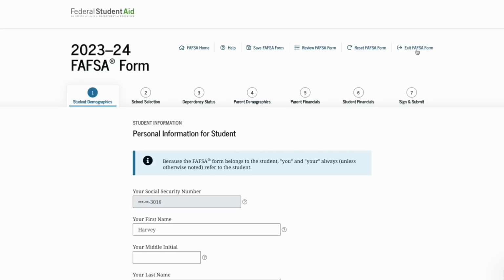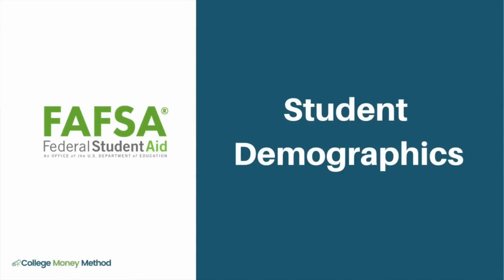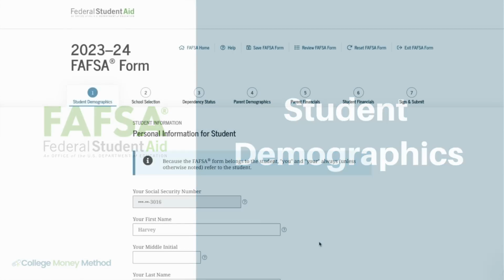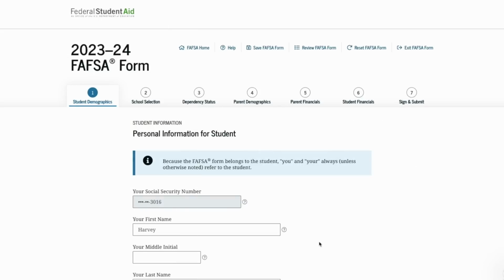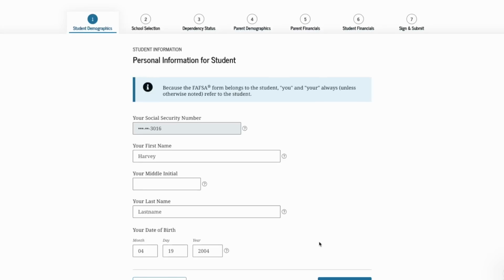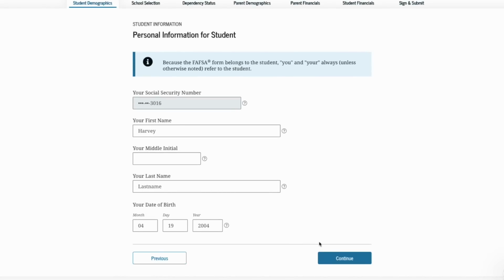to complete the FAFSA. The first screen is student information, which is personal information about the student, which was entered when the student created the FSA ID. One important thing to remember about this form is regardless if you're logged in as a parent or a student, you and yours will always refer to the student, which can be confusing at times, particularly for parents filling out the form on behalf of their student.